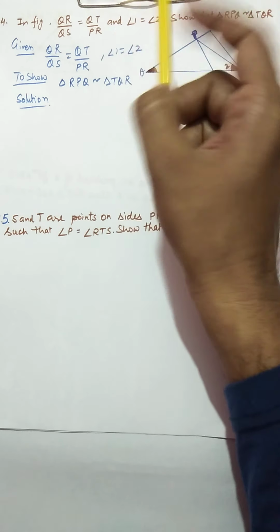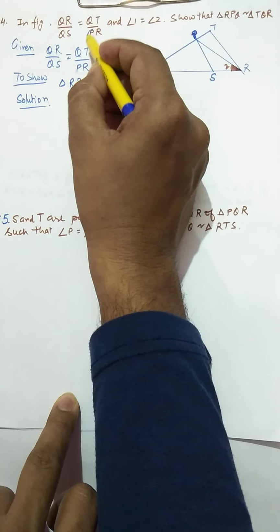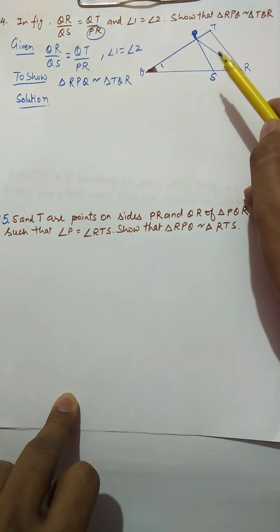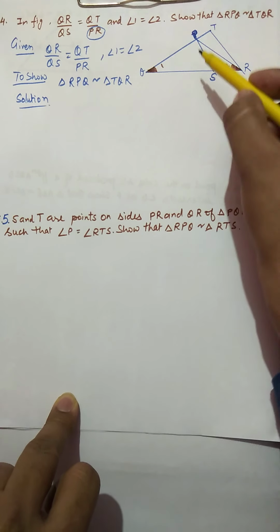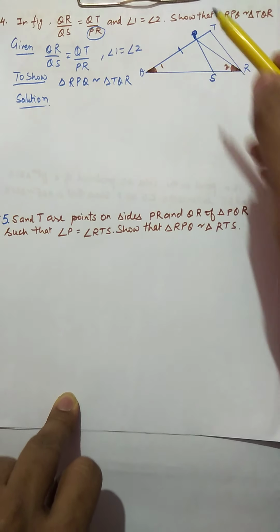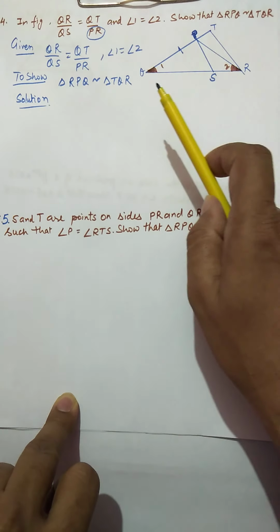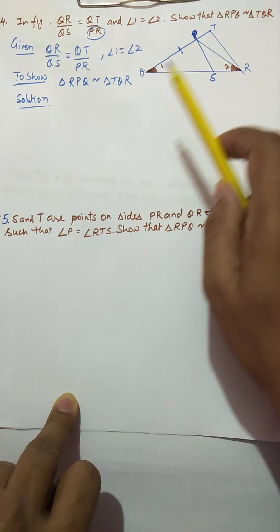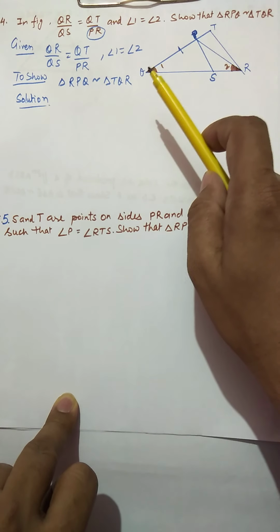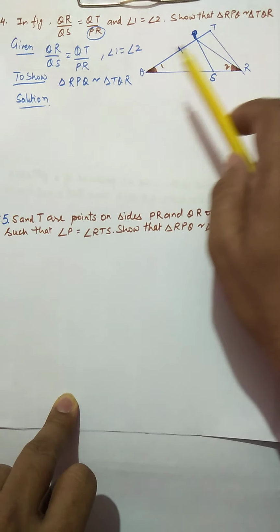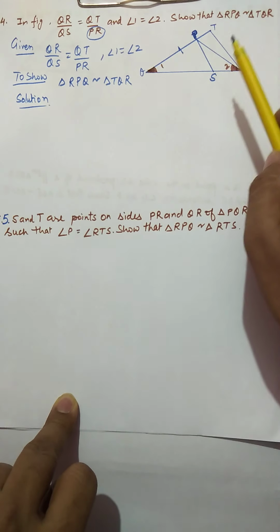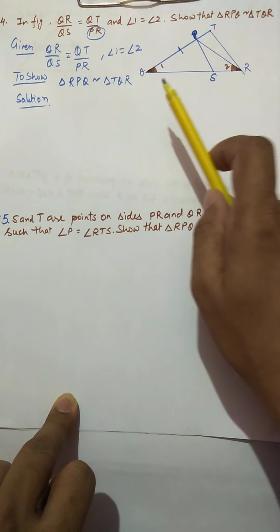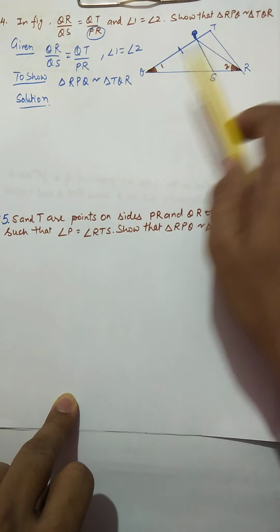Once you replace this PR by this PQ, now you see which criteria you are going to get: QR upon QS equals QT upon QP. So we are going to get triangles RPQ and TQR similar, and this angle 1 is common in both the triangles.